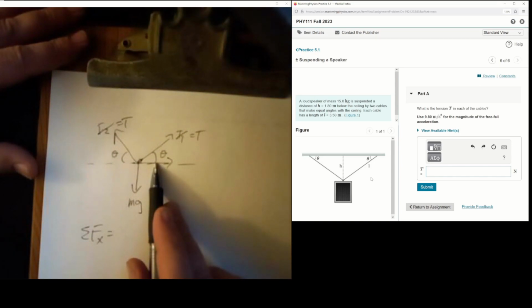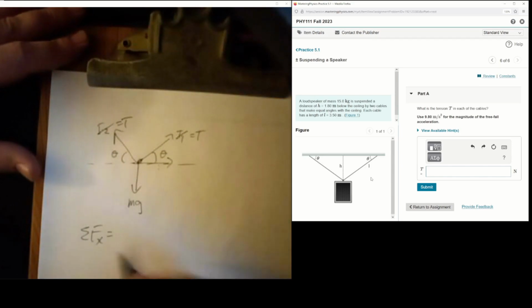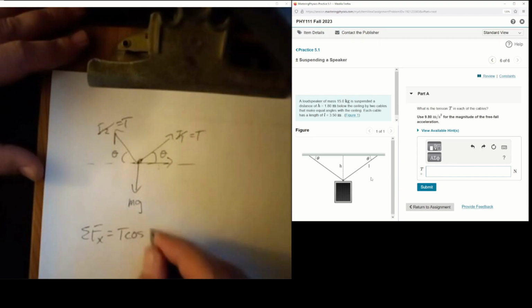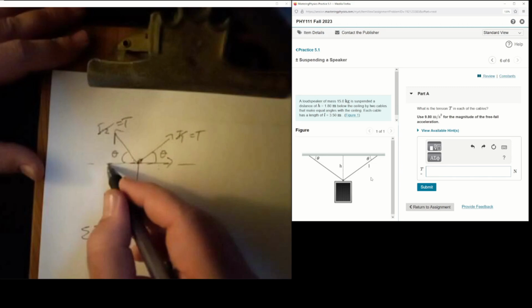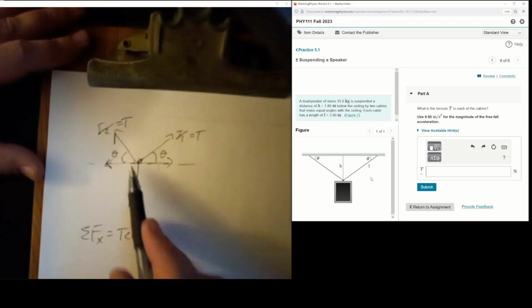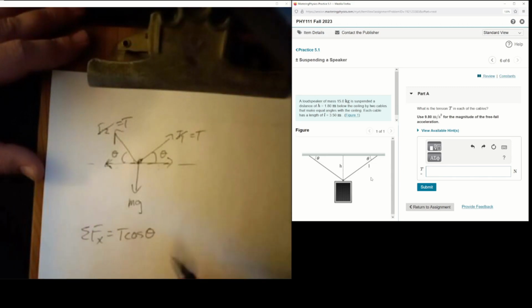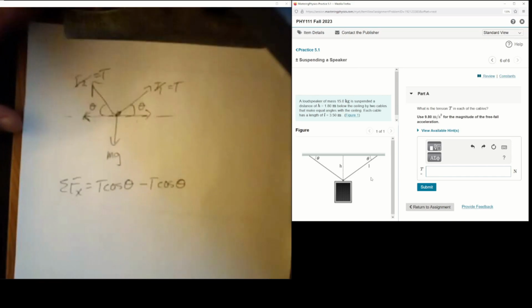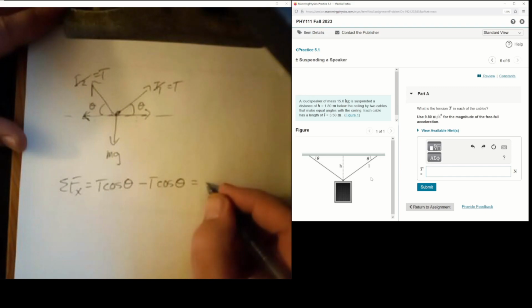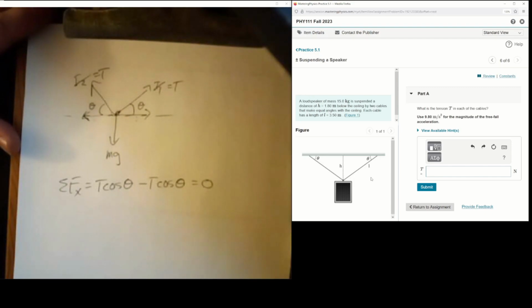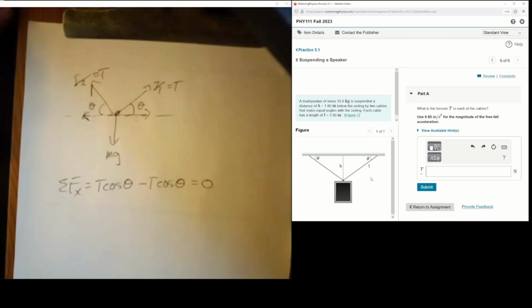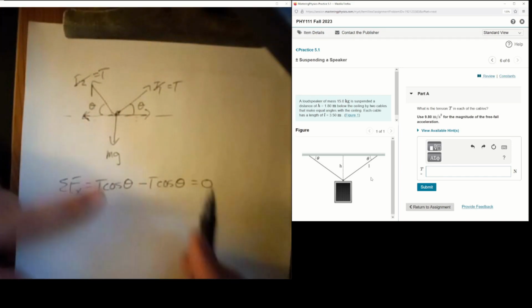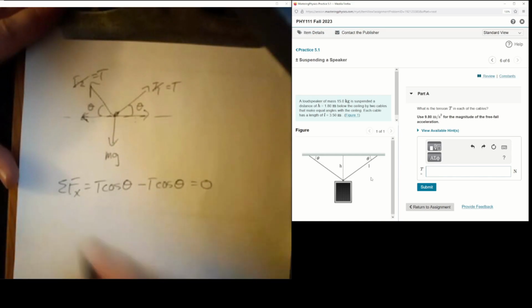The adjacent angle, what gets us adjacent here, is going to be cosine of whatever that angle is. To the left, we have the negative component. Same tension, same angle, but going in the minus direction. Newton says it equals ma, but a is 0 since it's not moving. And we get a trivial statement from that: the two tensions are the same, must be at the same angle.